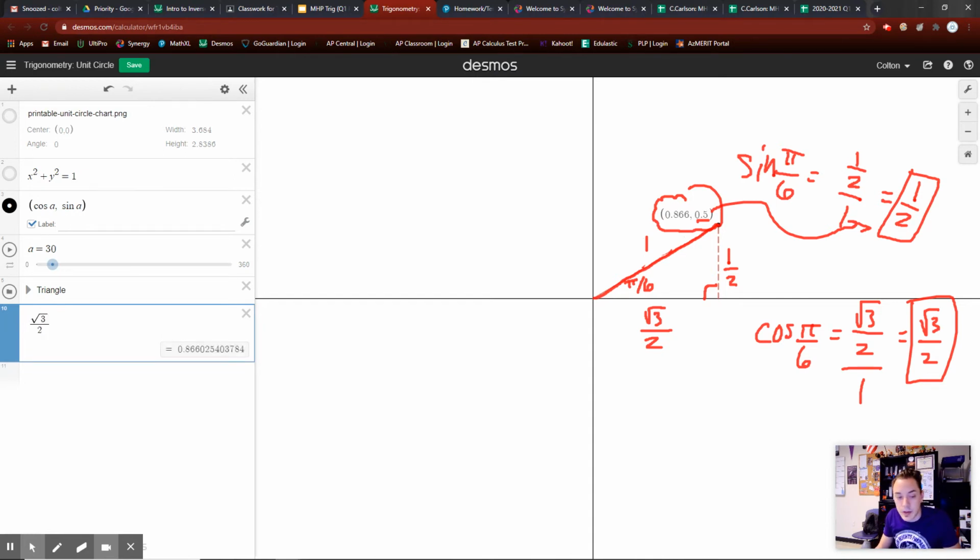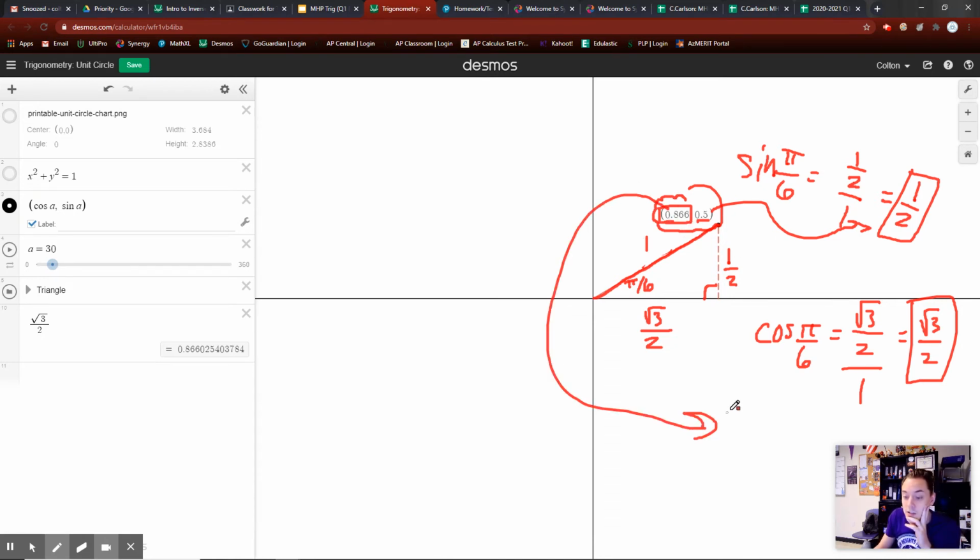Well, that's 0.866, Mr. Carlson. Yeah, you're absolutely right. It is 0.866, which is exactly my x-coordinate, which is exactly what we said, because cosine on the unit circle, no matter what the theta is, is going to be x, which is radical 3 over 2.